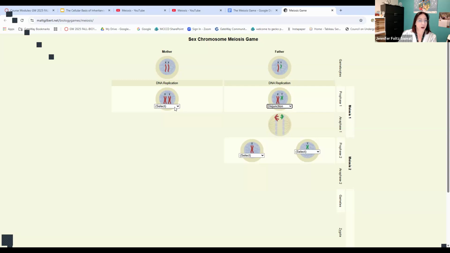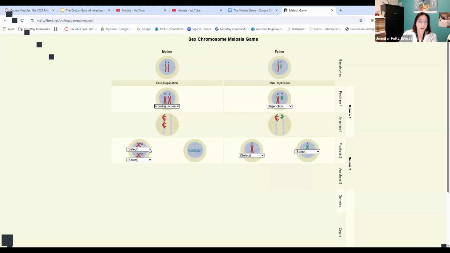But let's say in mom, she's XX, we have non-disjunction. Separation did not occur correctly. So now, after meiosis 1, you have a daughter cell with 2 X chromosomes and a daughter cell with none. Okay. Now the one that has no chromosomes, it does not undergo division again.